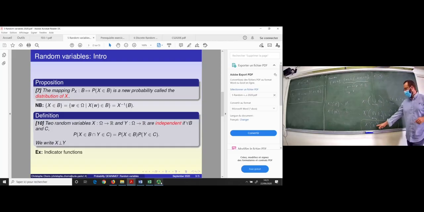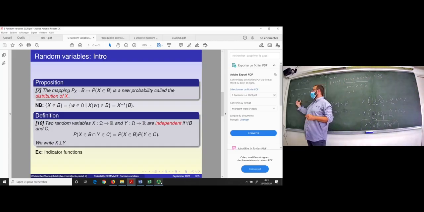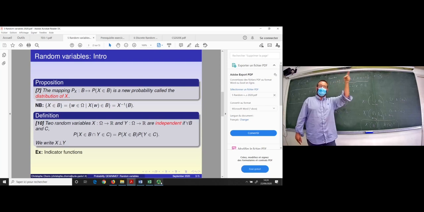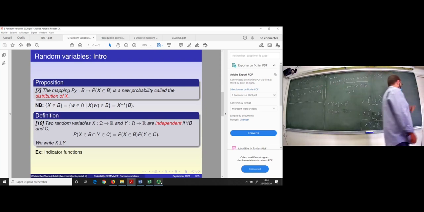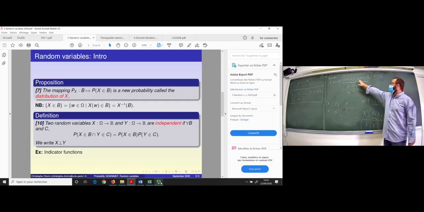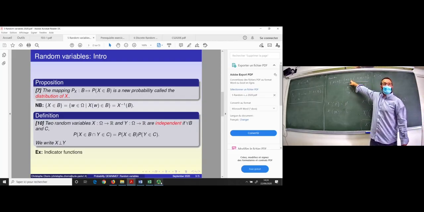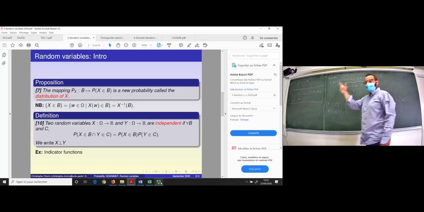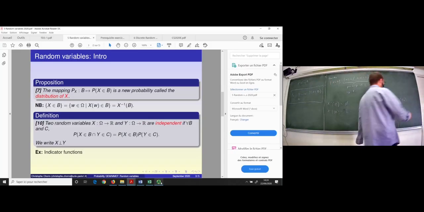Why? Because B is a subset of R. So by B complementary, I have in mind here R minus B, the elements that are in R and not in B. While here, X minus 1 of B is a subset of omega. So here, X minus 1 of B complementary is omega minus X minus 1 of B.